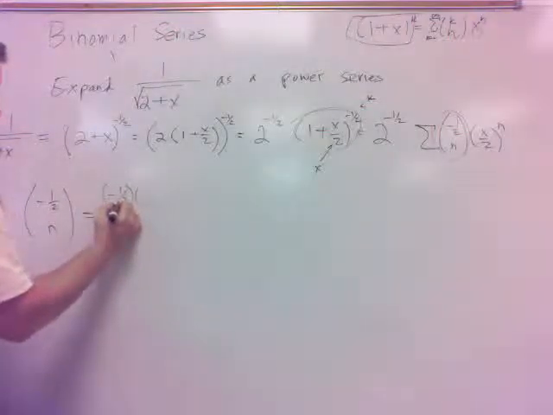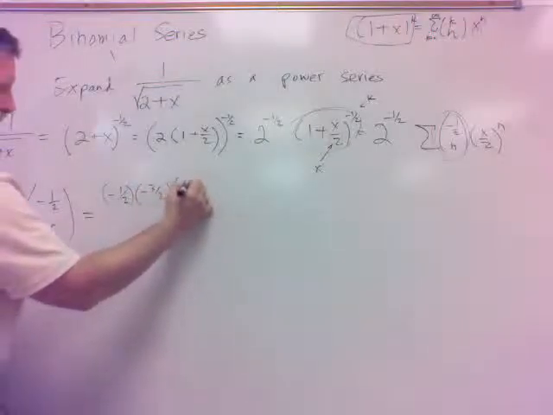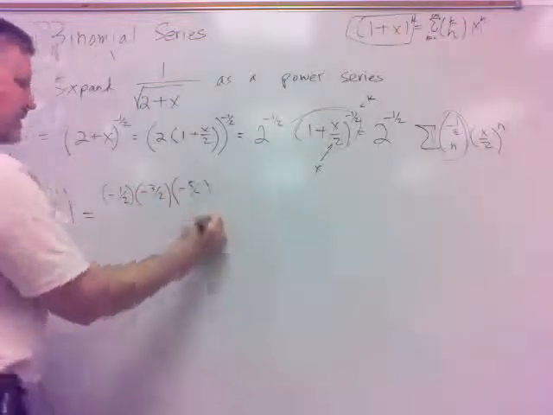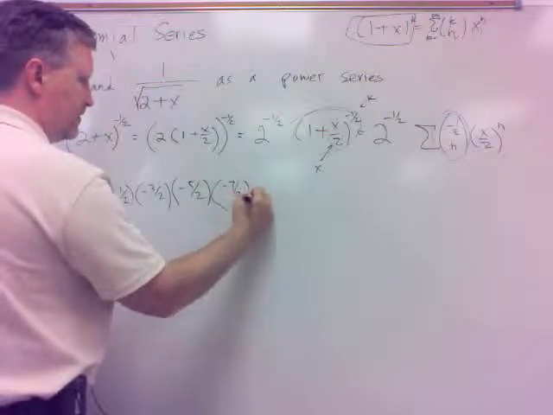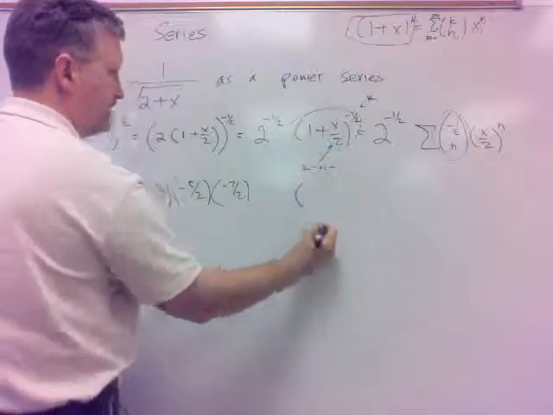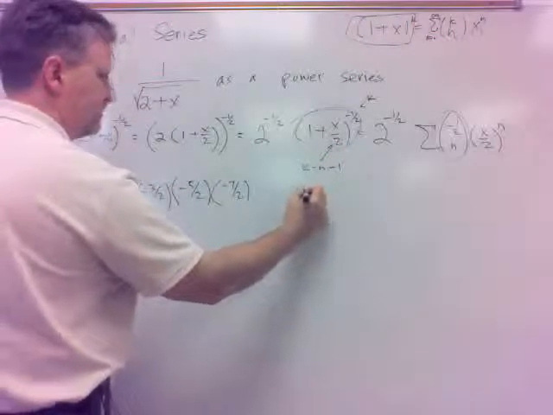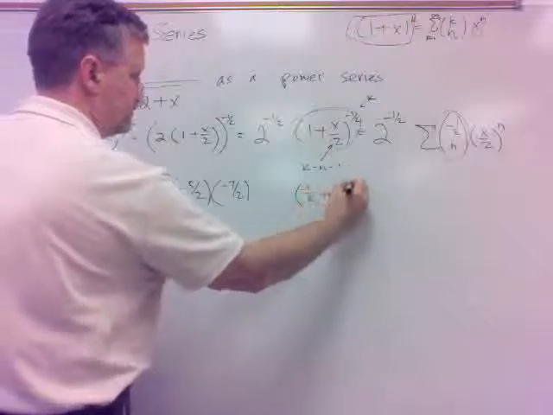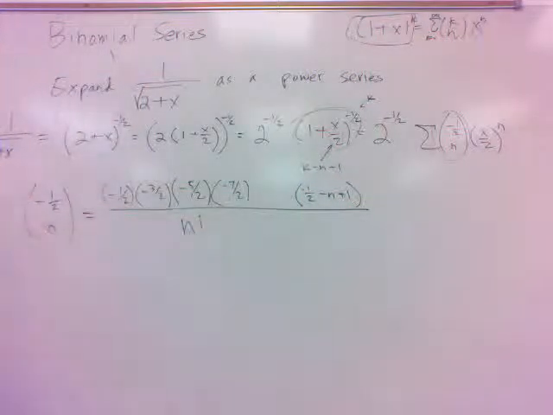So subtract 1 from that would be negative 3/2. Then we'll subtract 1 from that, we'll have negative 5/2. Then negative 7/2, until we get all the way to k minus n plus 1, which in this case is negative 1/2 minus n plus 1. Then we'll divide that by n factorial.